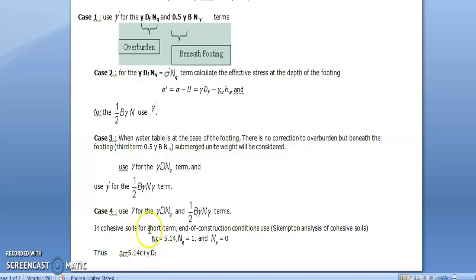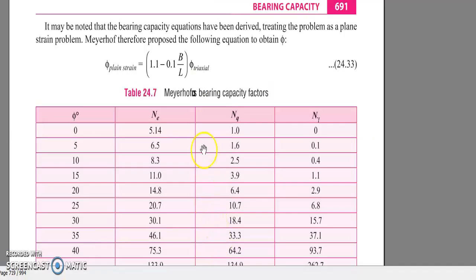When I say cohesive soil, what happens to the phi value? Phi becomes 0, right? So for phi 0, the Nc value, Nq value and N gamma are calculated. As per Meyerhof's analysis, for phi equal to 0, the Nc value is 5.14, Nq is 1, N gamma is 0.